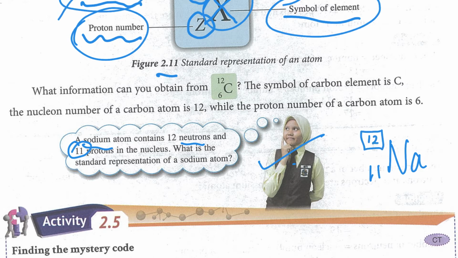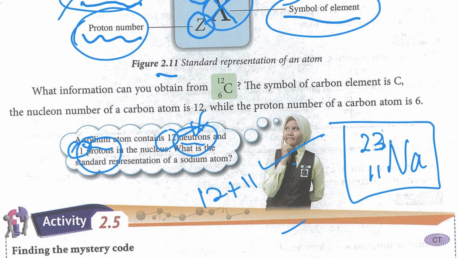This is not the nucleon number, this is just the neutron number. To find nucleon number, you have to add up neutron and proton as we have learned previously. So 12 plus 11 is 23. So the girl should write 23 here. This is the standard representation of a sodium atom.